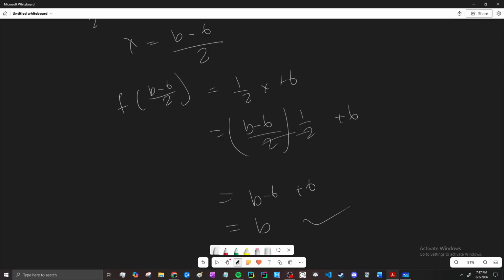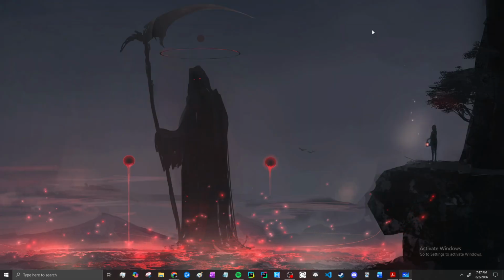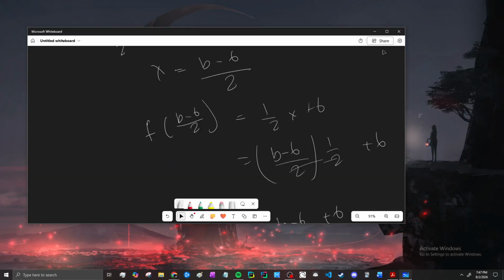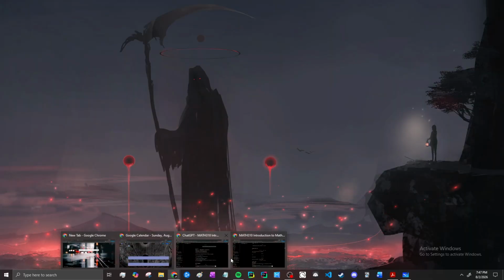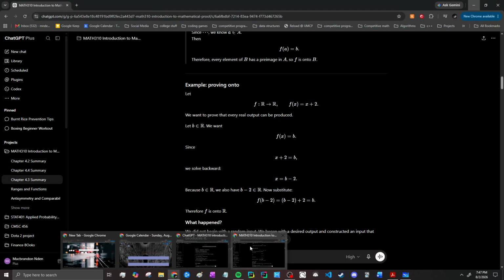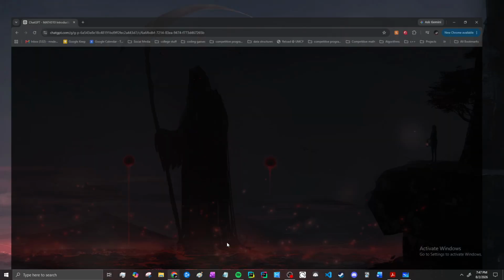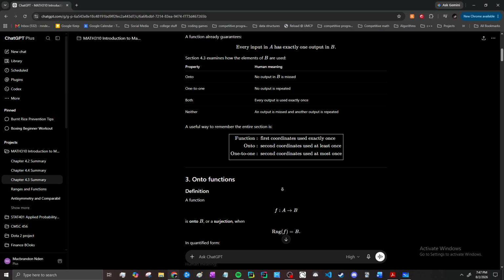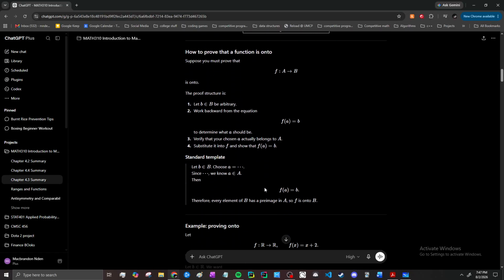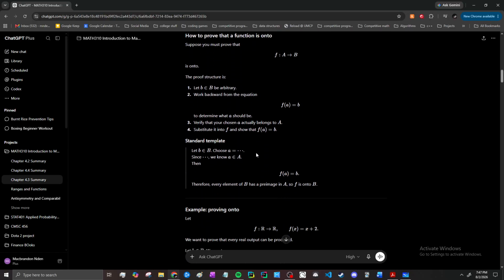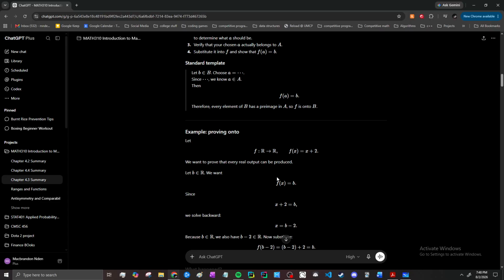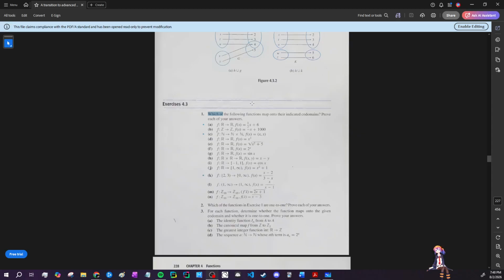And I think this essentially tells us that every single number is covered. So 1a is definitely onto.